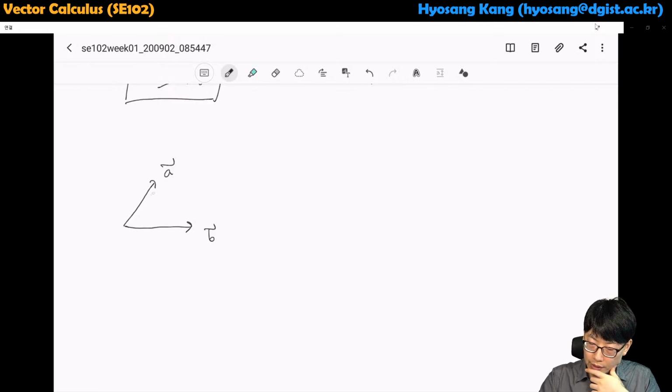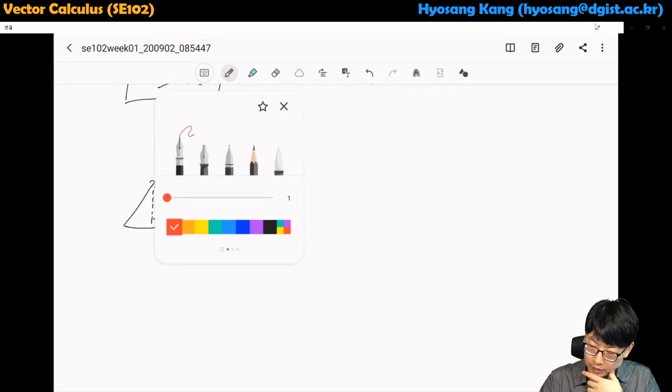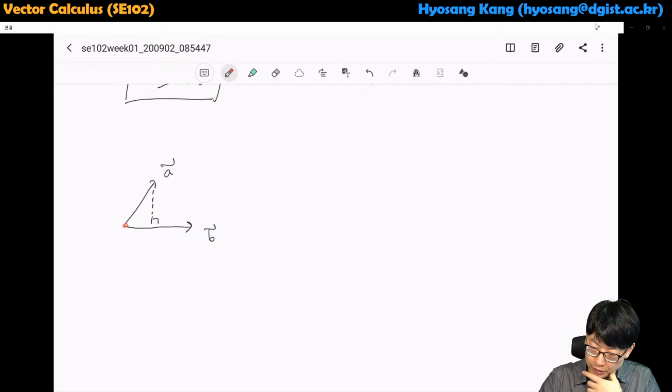What I'm trying to get is, when I project A perpendicularly onto the vector B, I want a vector connecting the common starting point to the point I get when I take the projection onto B. So this is the projection of A onto B. Therefore it's obvious that it should be in the same direction as B, but what matters is that I want to find out the length of this vector.